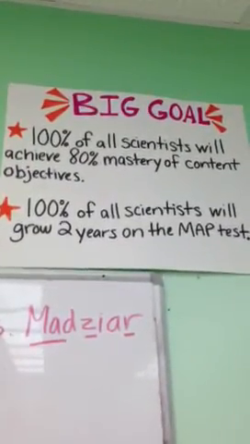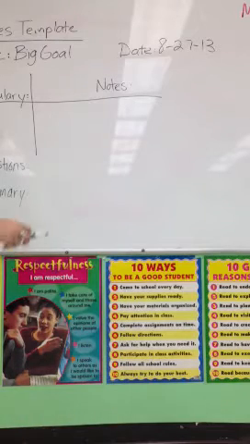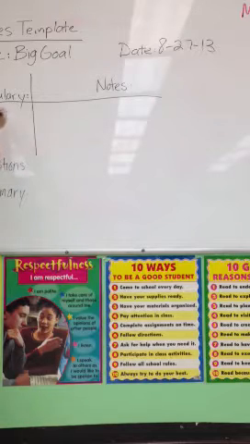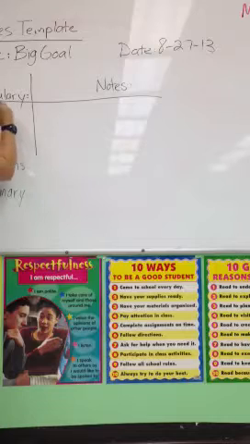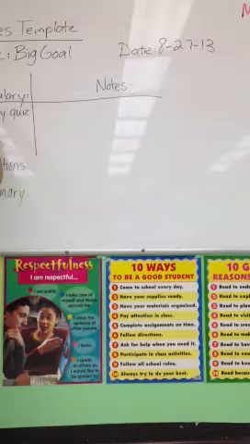So the way that you would take notes on this looks like this. Key vocabulary. The first one was a mastery quiz objective.